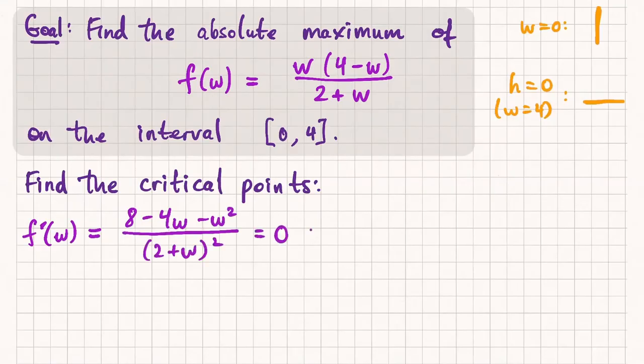I set it equal to 0. I have to use quadratic formula, right? I set the numerator equal to 0, and I need to use quadratic formula on the top. So I get two possibilities. I get w equals -2 minus 2 root 3, or w equals -2 plus 2 root 3. So that's quadratic formula.